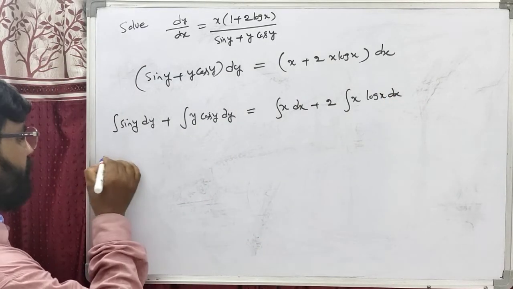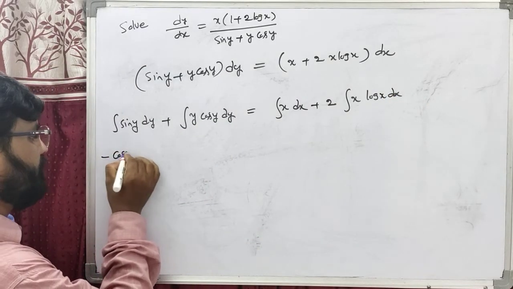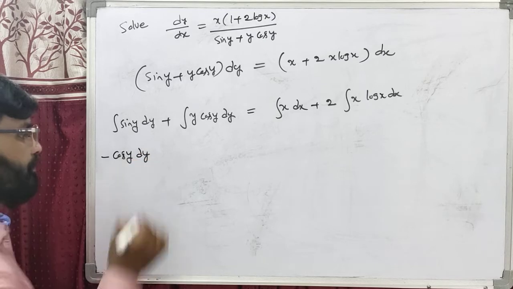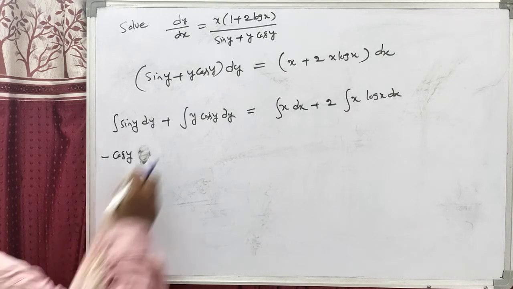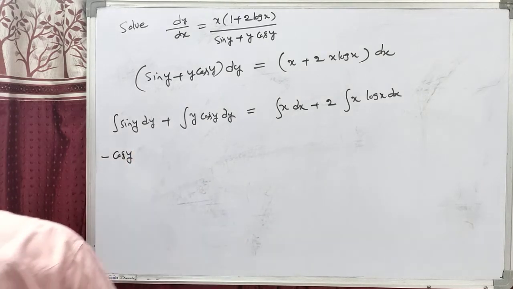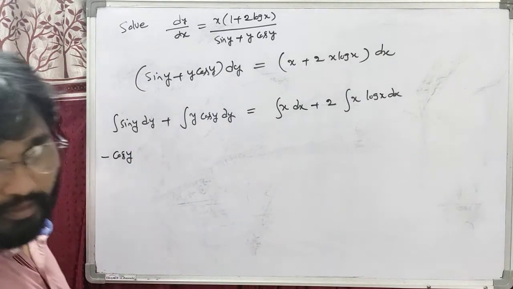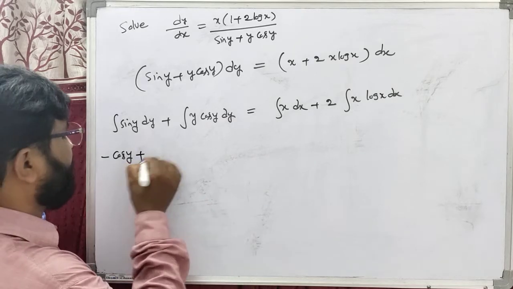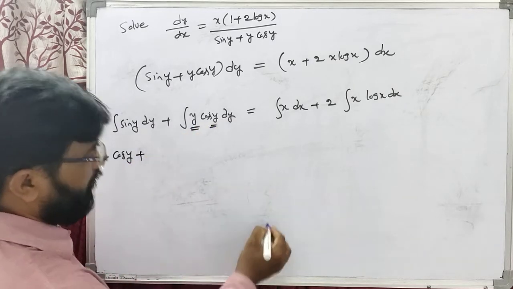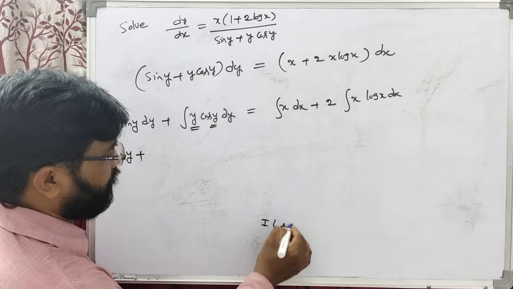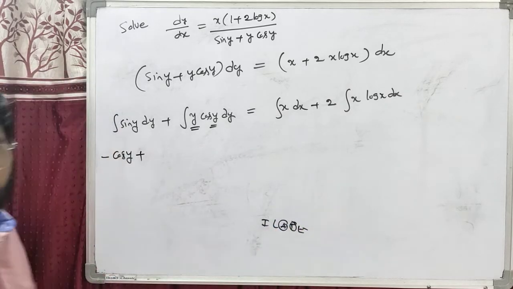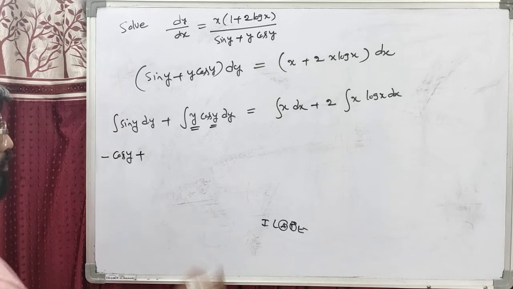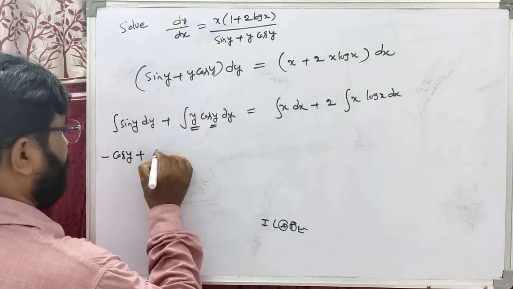The integral of sin y, students, is minus cos y. Now we can apply integration by parts. I let, what students? I let A be algebra, T be trigonometric. Therefore you can apply by parts. This is u, this is v.